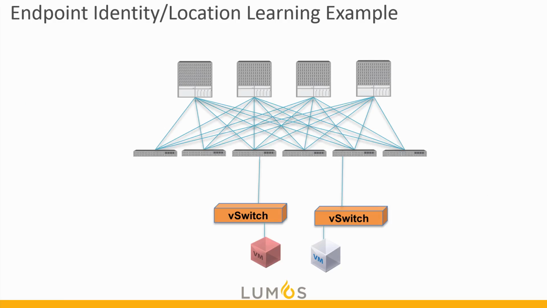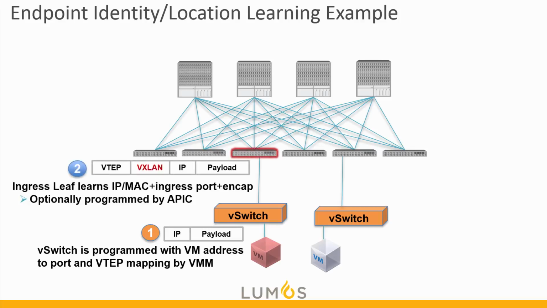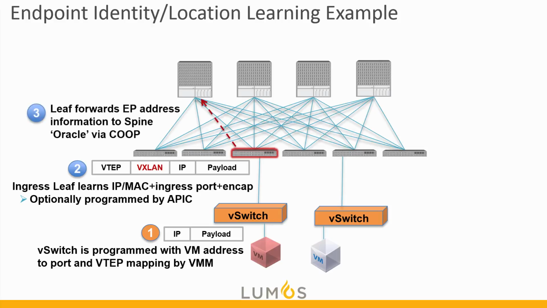So we've already talked about how traffic ingresses to a vSwitch, how the leaf switch programs, or actually learns, and adds this to the local station table. This optionally can be pre-programmed, or statically programmed, by the APIC if we need to or desire to. This information is forwarded to the spine through the COOP protocol.